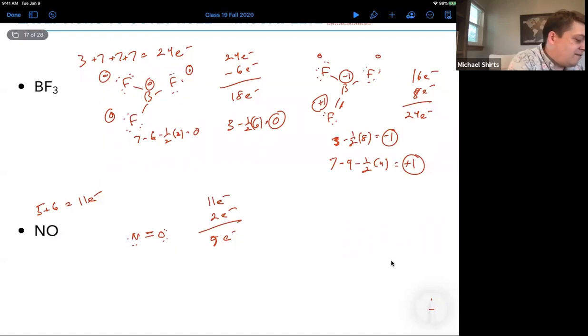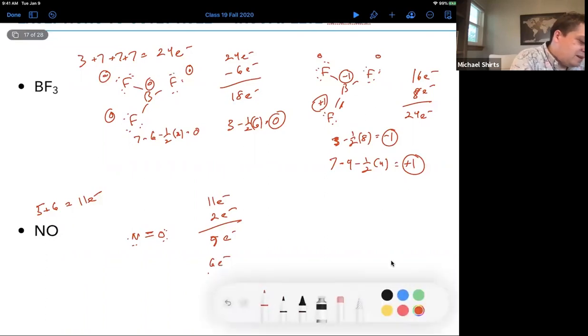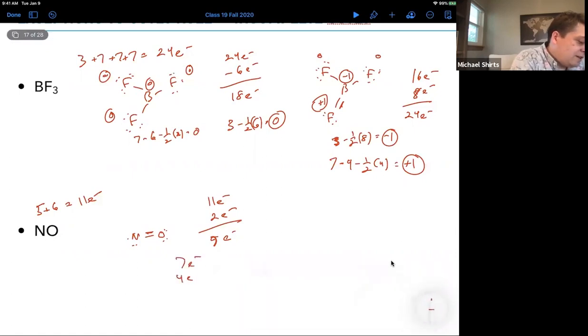So now we've got 7 electrons in lone pairs, I miscounted, and 4 electrons in bonds for a total of 11 electrons. That looks good. It's the right number of electrons. And oxygen has a complete octet, and nitrogen is 1, 2, 3, 4, 5, 6, 7, 1 electron short of the octet. So somebody's got to be short.